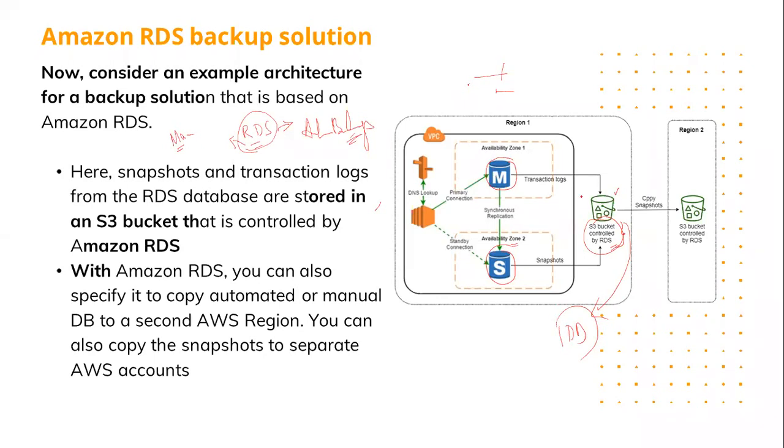So these snapshots are the backups. This is not exactly like a backup, it's like an automatic failover. This is for availability. This is for the backup.